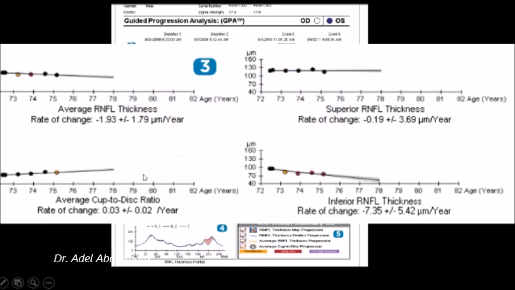Here, in this example, again in the OCT, you see here, this is minus 1.93. If we include this fluctuation up and down, it will not reach zero, so we say this is significant.